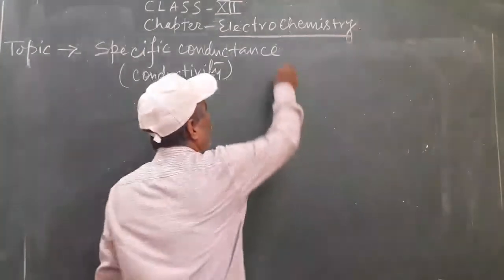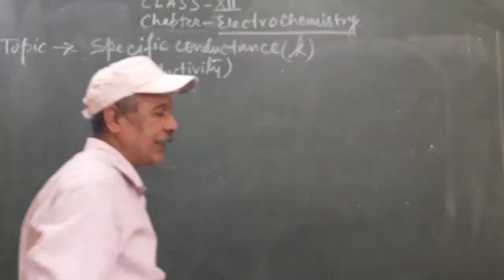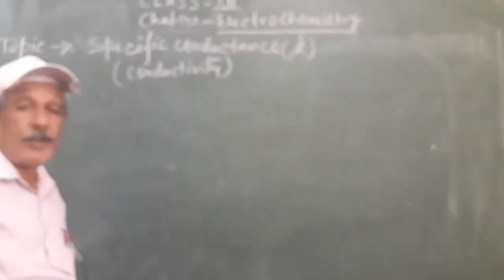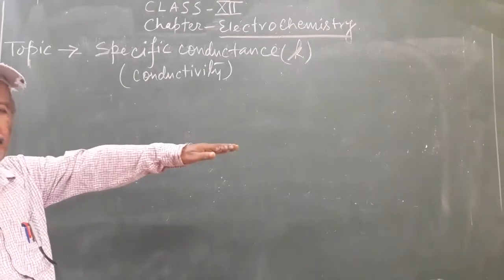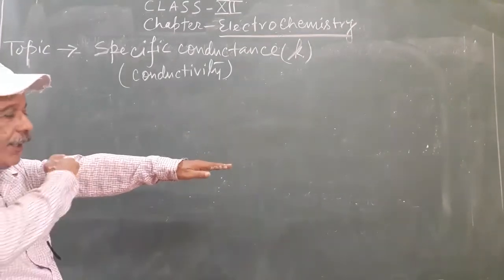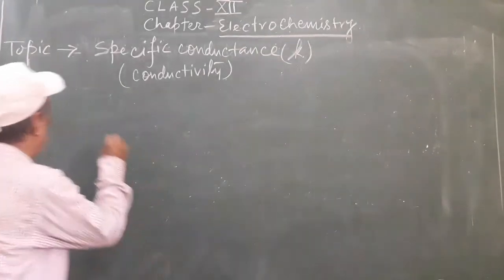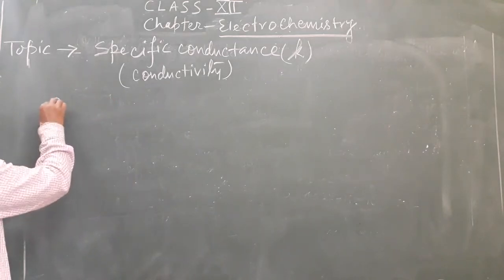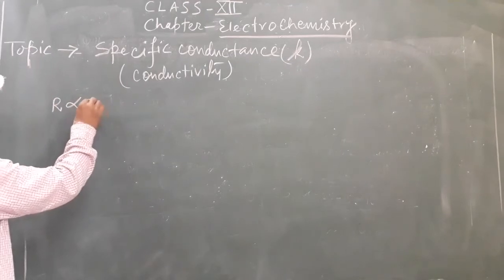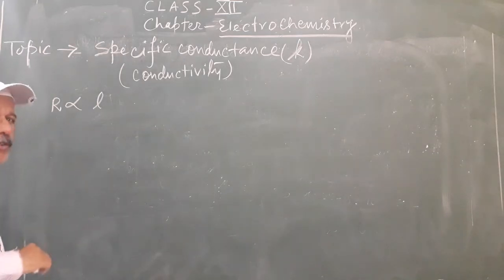It has a symbol kappa or k, a small k, like this. Correct? Suppose in a metallic wire current is flowing, then what is practically found is that R is proportional to L, where symbols have their usual meanings.